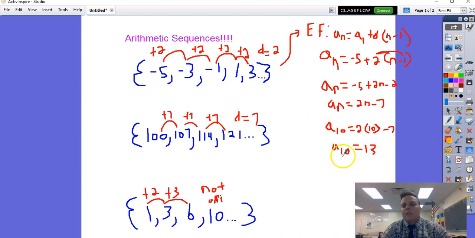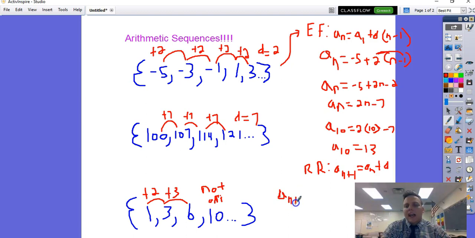Now let's find the recursive rule, which I'm going to call RR. The recursive rule is simply a sub n plus 1, which means the next term, is equal to a sub n, the prior term, plus the common difference. So hopefully that makes sense.